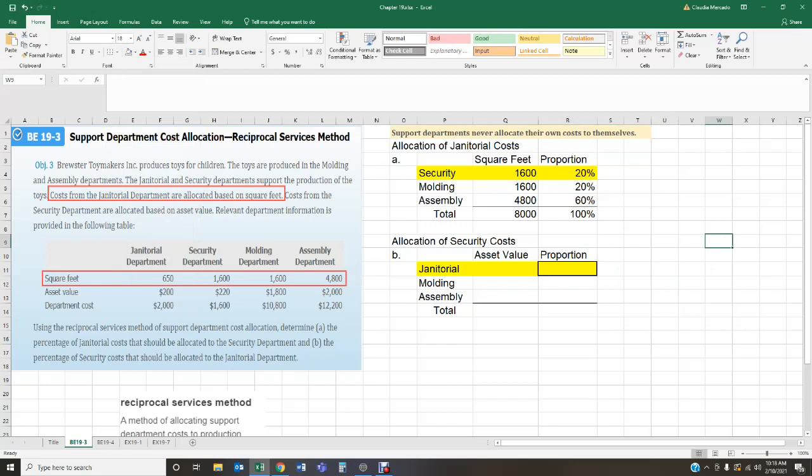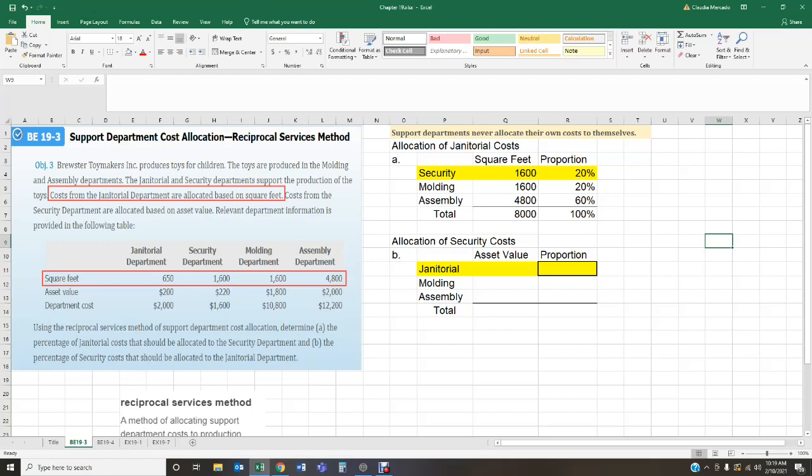Okay, so let's recap what we did. It's telling us here that the cost from the janitorial department, whatever the department cost is, we're going to allocate it based on square feet to the other support departments. We know that we don't allocate to ourselves. So the janitorial cost is not included down here because we don't allocate our own cost to ourselves.